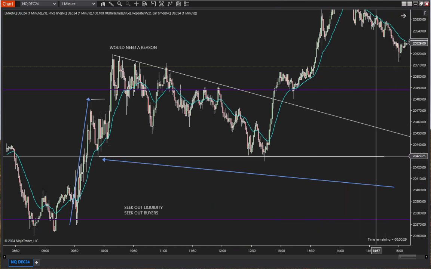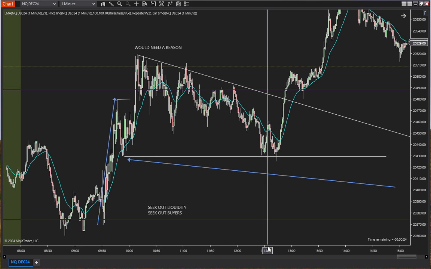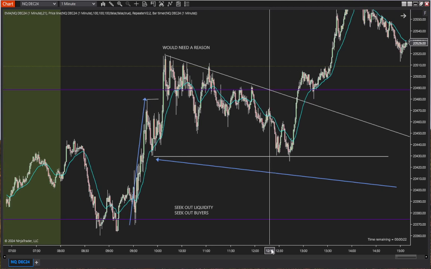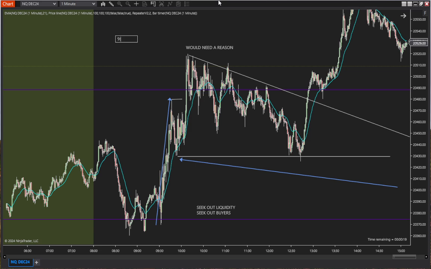One thing I didn't go over, and this is where I talk about the whole ADD portion of this, is time of day. Time of day is going to be key. I like to look at 9:45 to 9:50ish to 10 to 10:15.